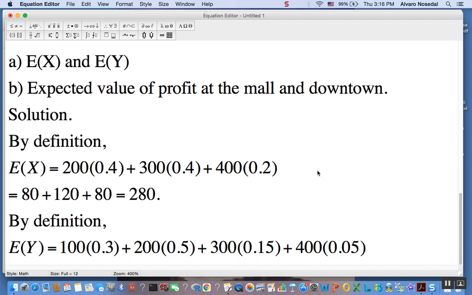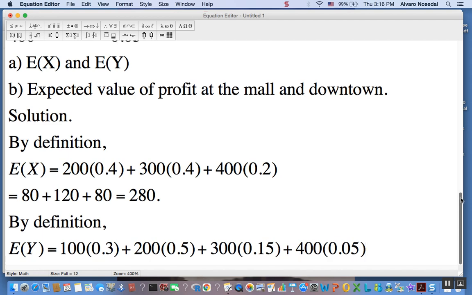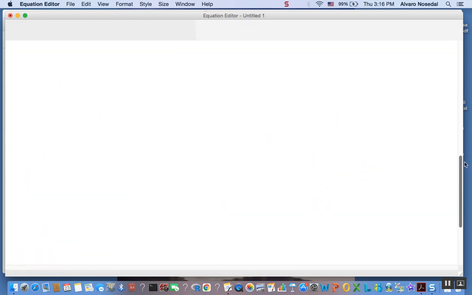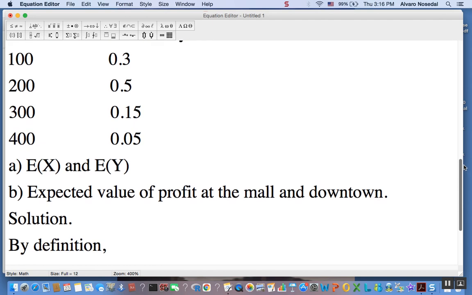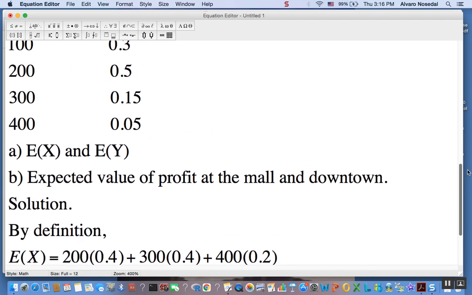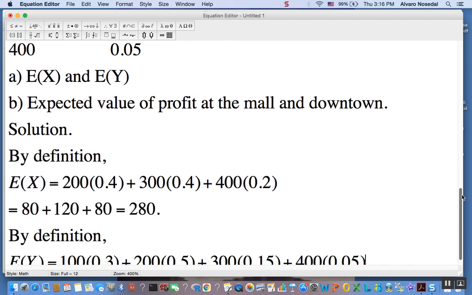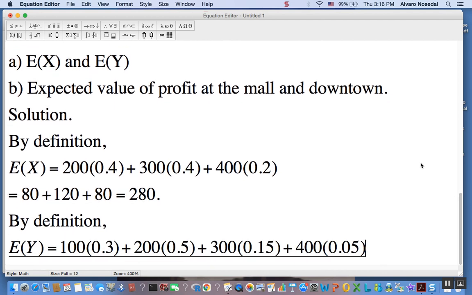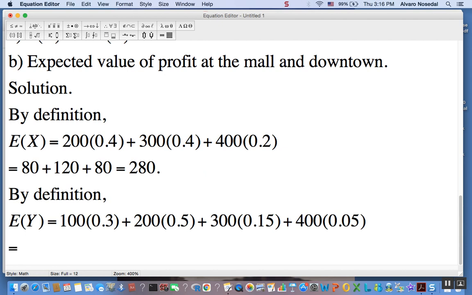Make sense? Let me just check that I got the right values. 100, 0.3, 200, 0.5, 300, 0.15, 400, 0.05.